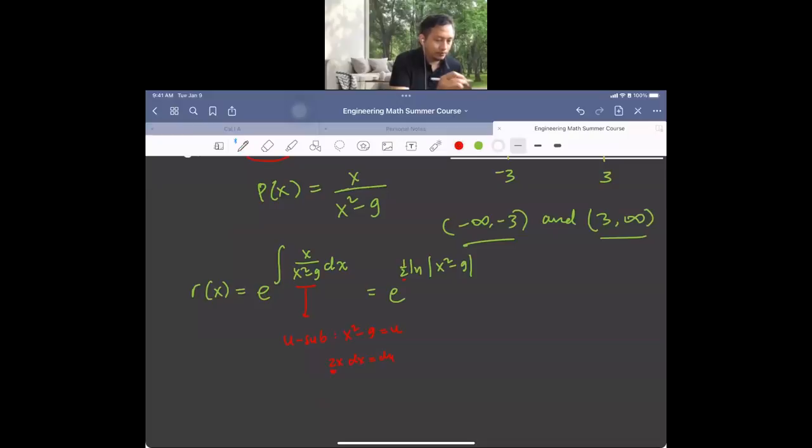And from this 2, we get this half, right? And we can rewrite this into just the square root of x squared minus 9.